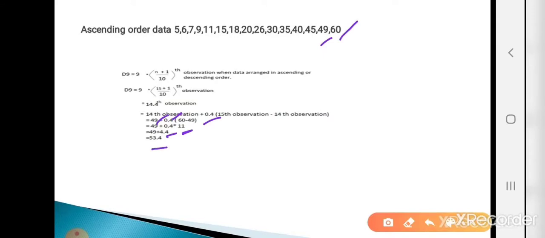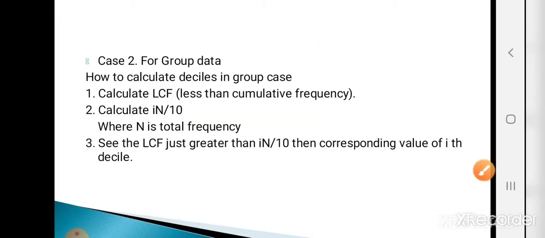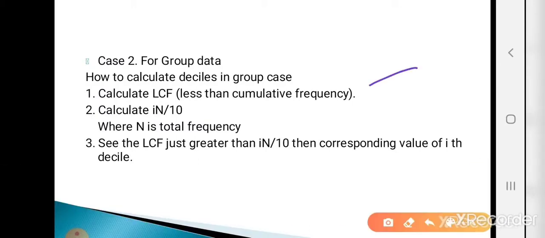So this is the method for calculating the deciles for ungrouped data. Now see case 2, for grouped data. So how to calculate the deciles for the grouped case? First step is to calculate LCF, that is the less than cumulative frequency. The second step is to calculate iN divided by 10, where capital N is the total frequency.